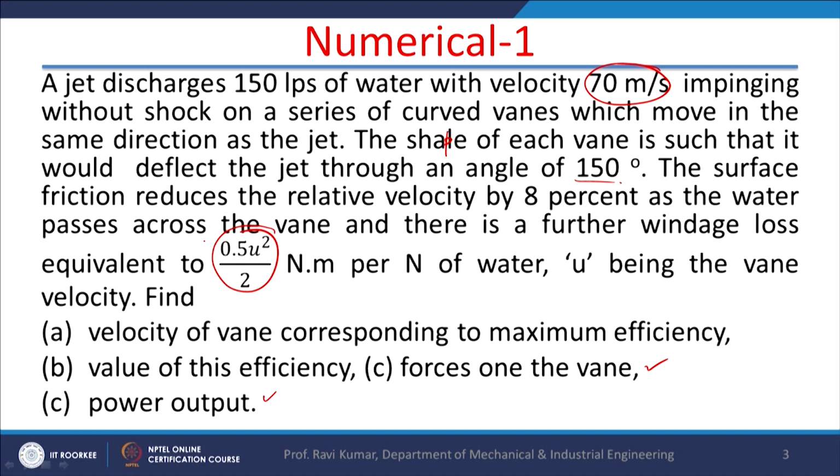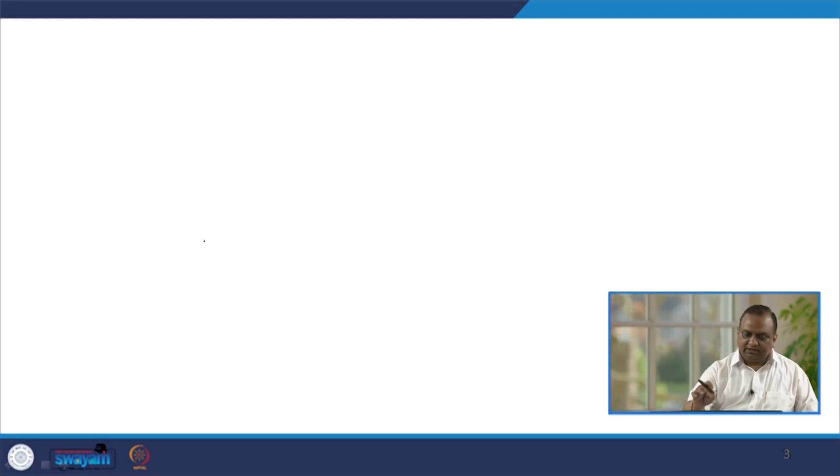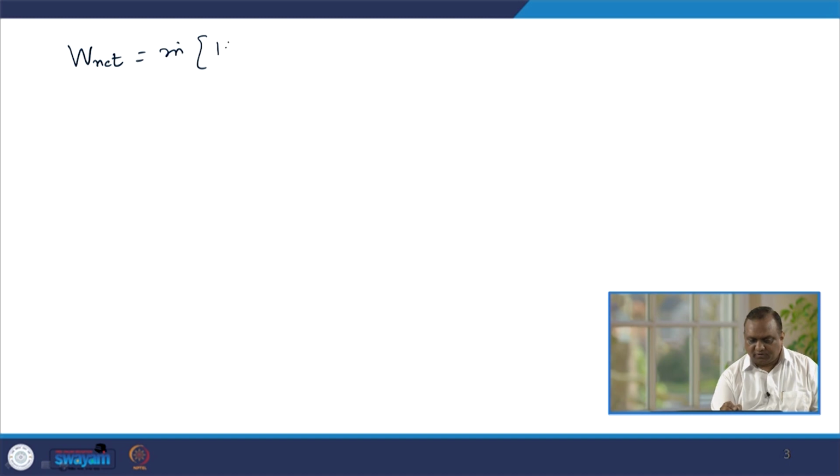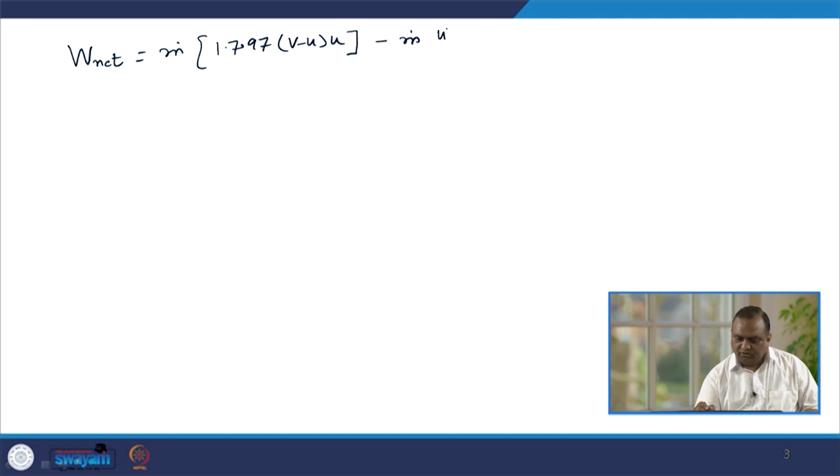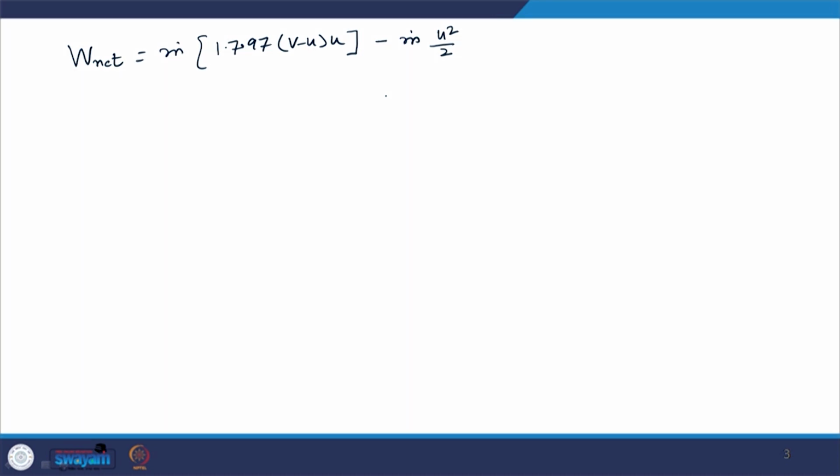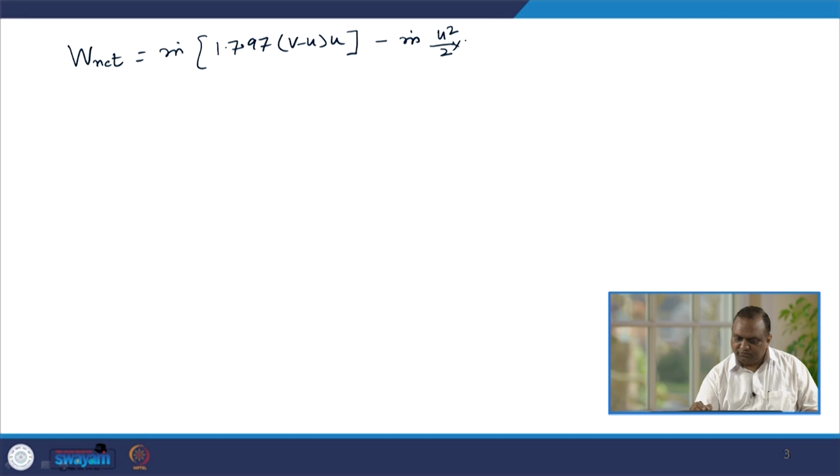So, if we take into account these losses, then the net output is going to be equal to mass flow rate times 1.797 V minus u multiplied by u, minus again mass flow rate times 0.5 u square by 2. Okay, it is 0.5 u square by 2. So, this is the net output we are getting.